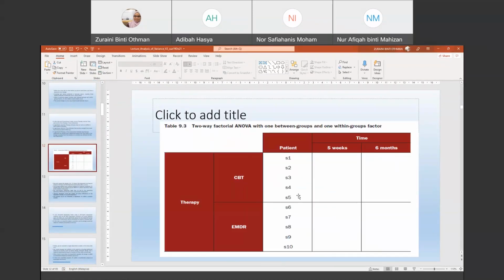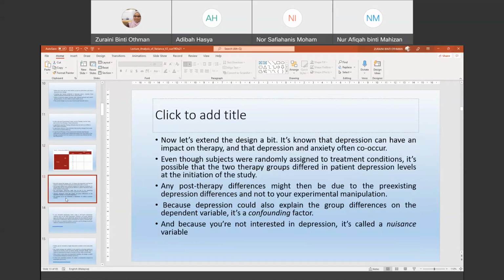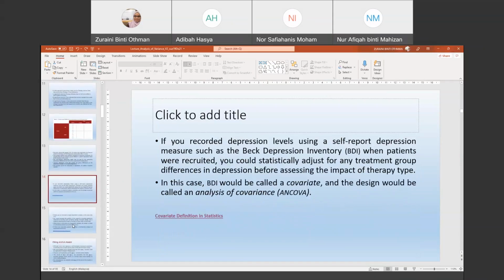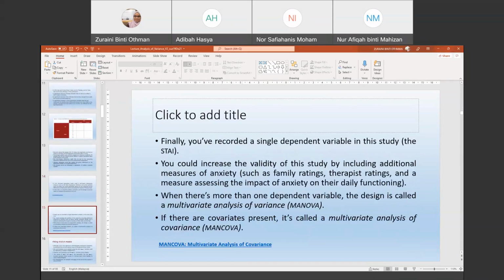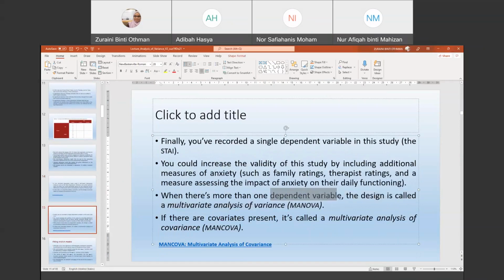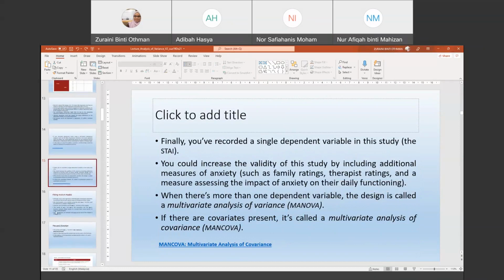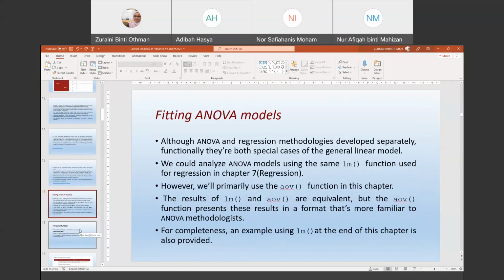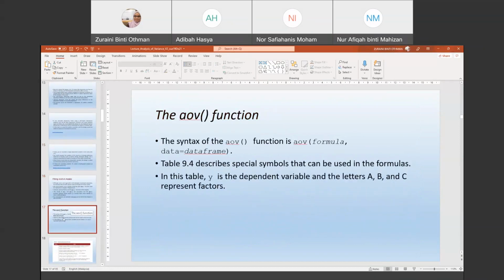Okay, kita nak tahu how many way, 1 way ke 2 way ke, and we want to know how many dependent variable. Kalau dependent variable tu ada banyak, contohnya dia ada sugar, dia ada kolesterol, apa semua tu dependent banyak, so kita kena guna multivariate analysis macam tu. So then we use je, teruslah guna AOV ni macam tu.